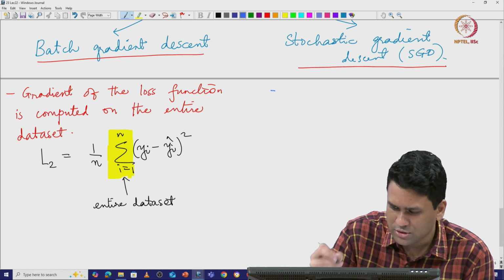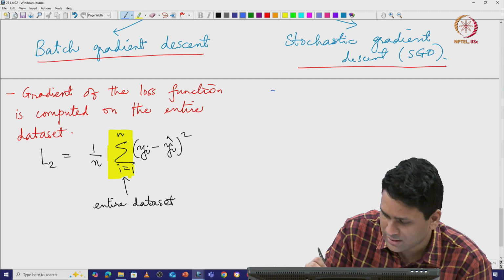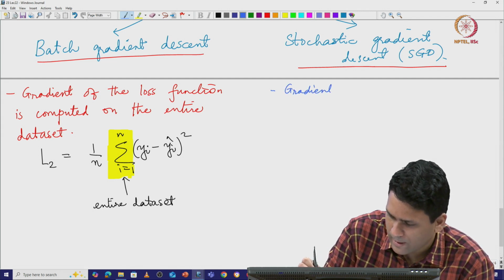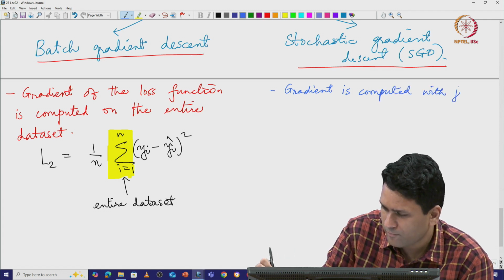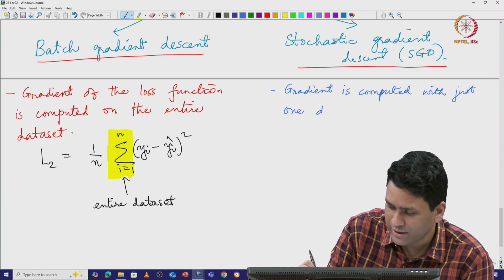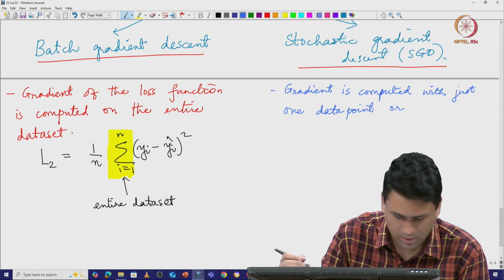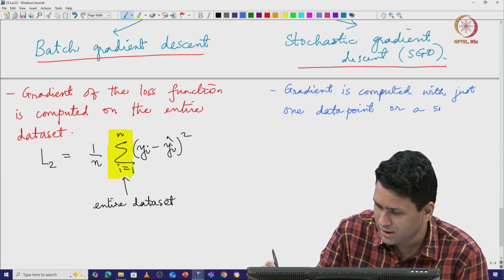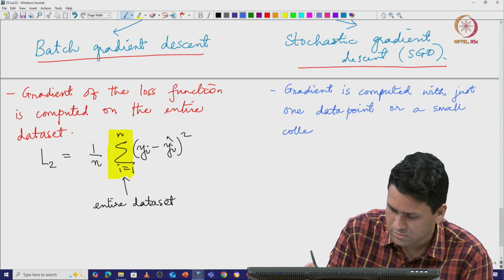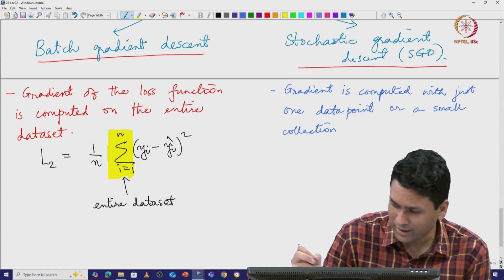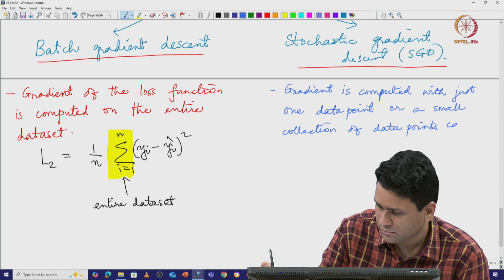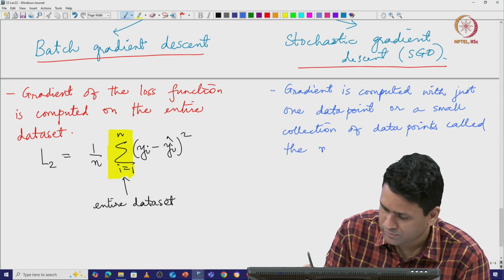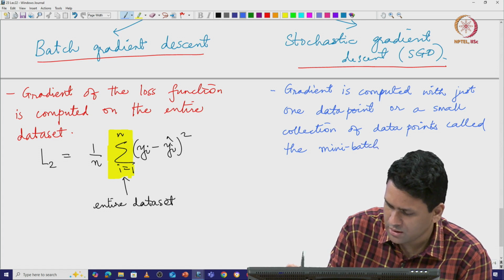On the other hand, in stochastic gradient descent, the gradient is computed with just, in the extreme case, one data point, or a small collection called the mini batch, which is used to train the model.